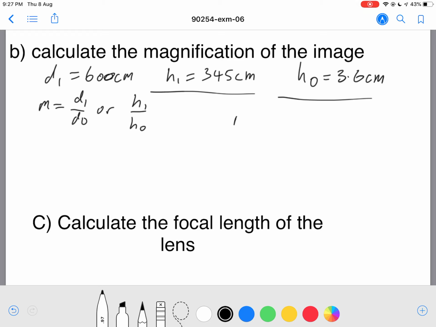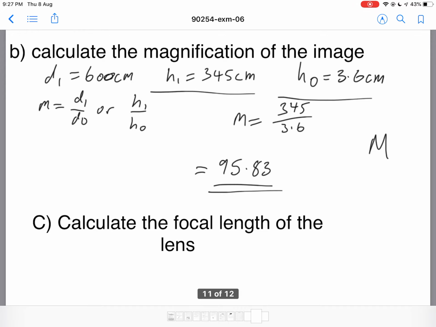Your magnification would be 345 over 3.6, and the answer comes out to be 95.83. That should be your answer for the magnification of the image, and that is a merit question, so you get a merit point there.